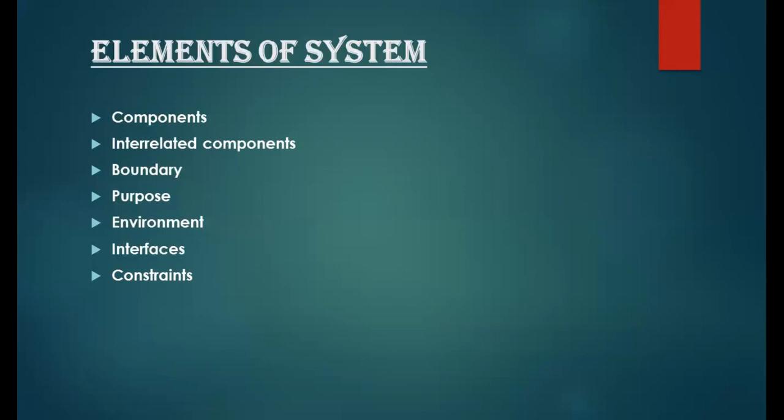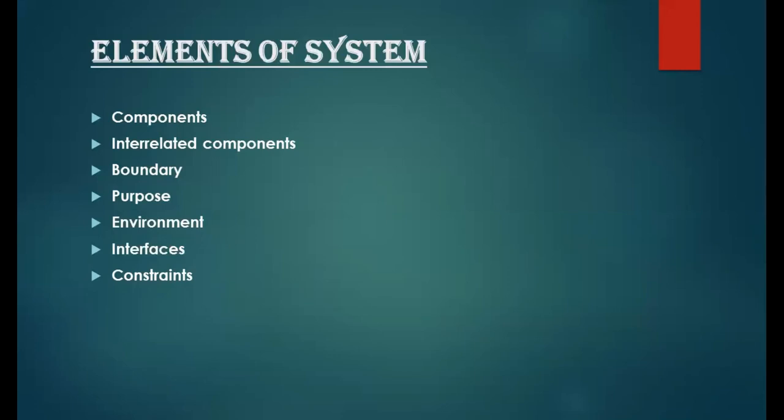Then we talk about the constraints. To have smooth functionality, we have to restrict certain entries to our system. That means unwanted kinds of users are not allowed to enter the system.